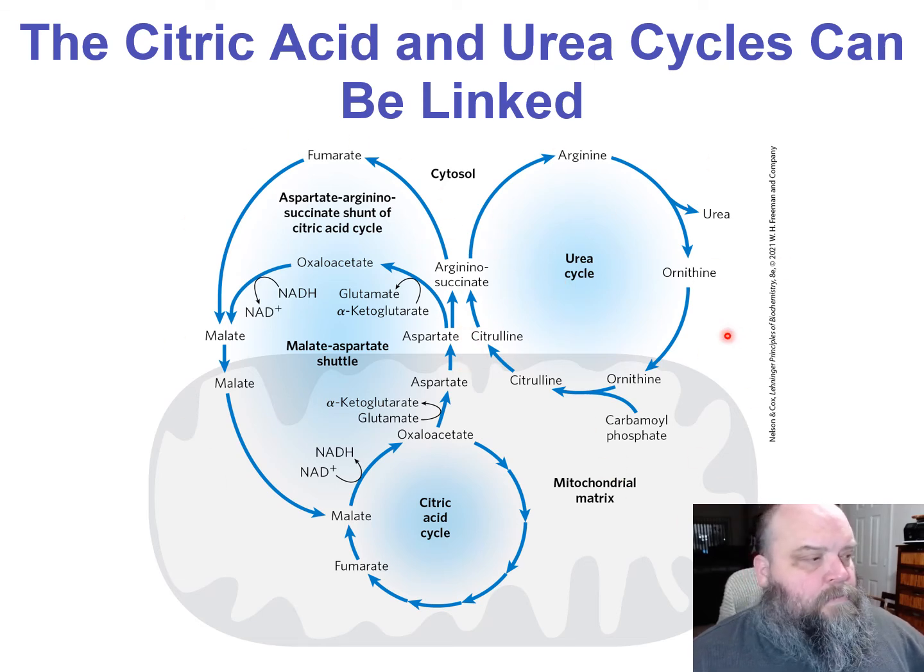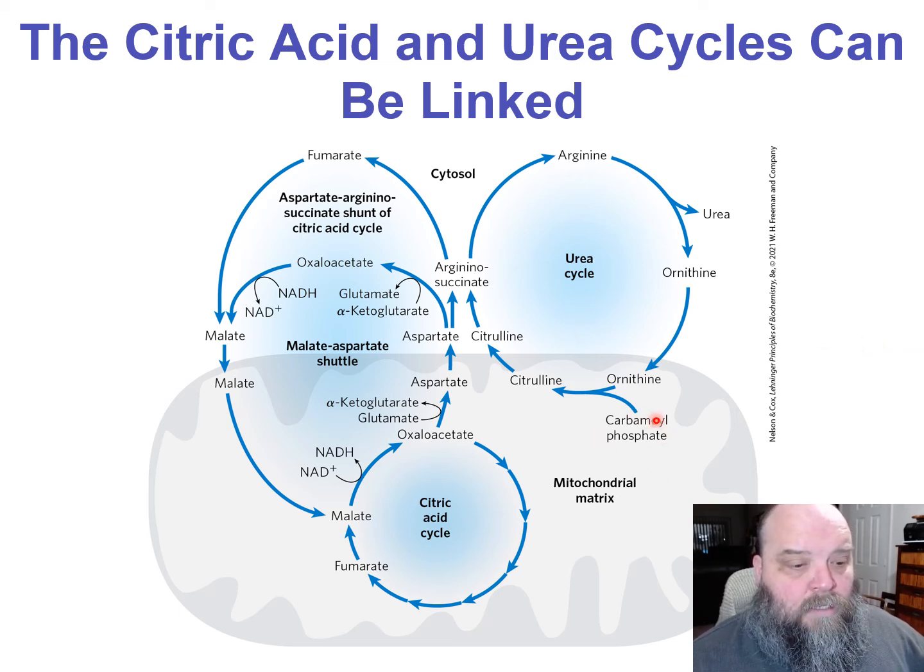So with a lot of the things we've talked about, many times students get lost. Okay, this one, which cycle is it talking about? Which shuttle? Which, all of the above?